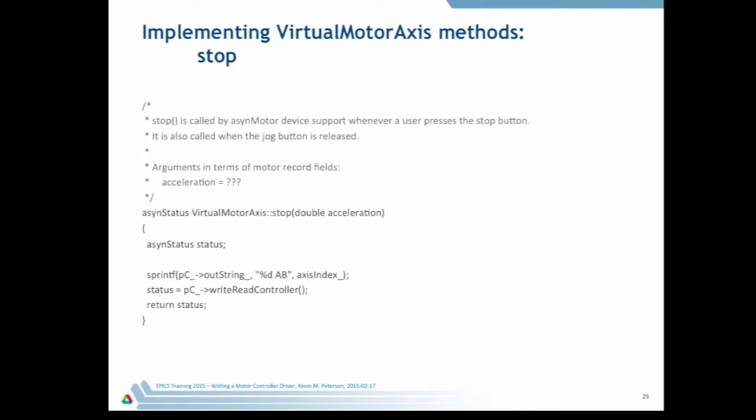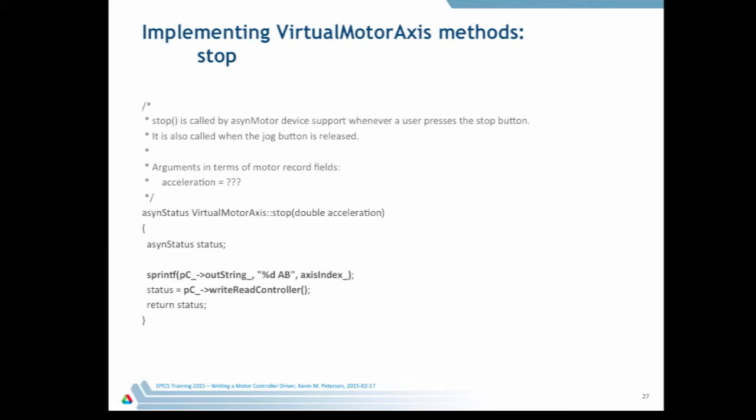So now I'd like to run through some of the virtual access methods, but with a focus on where the values that your methods are implementing actually come from. You can see here, there will be some themes in these methods.